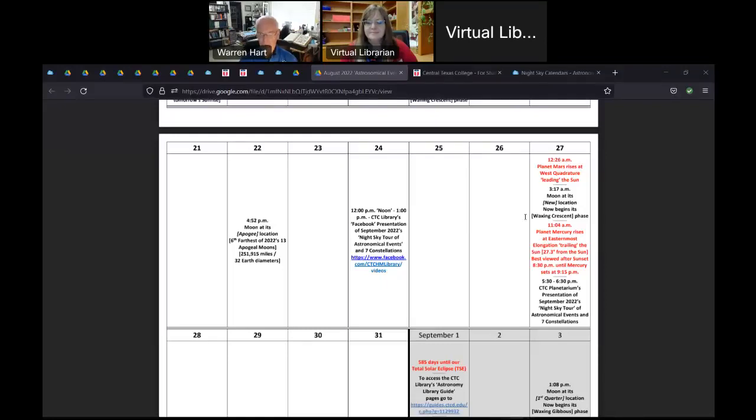I wanted to point out these two planets: one early in the morning before sunrise, and one in the evening after sunset. Because Mercury is so close to the sun, when it gets too close in angular distance we cannot pick it out visually here. But anyway, I wanted to point it out.